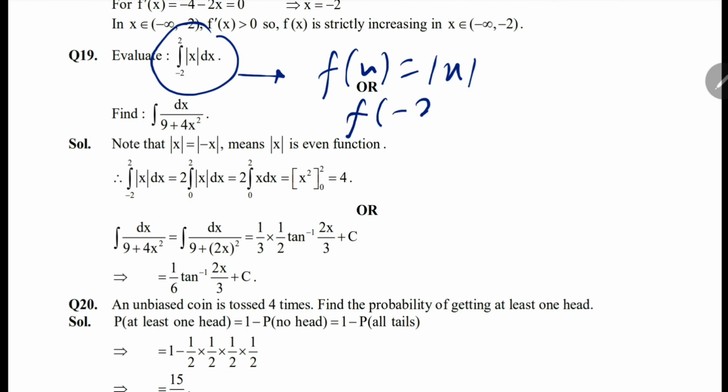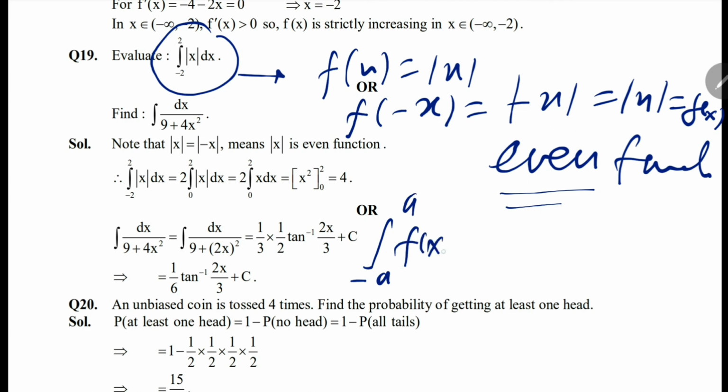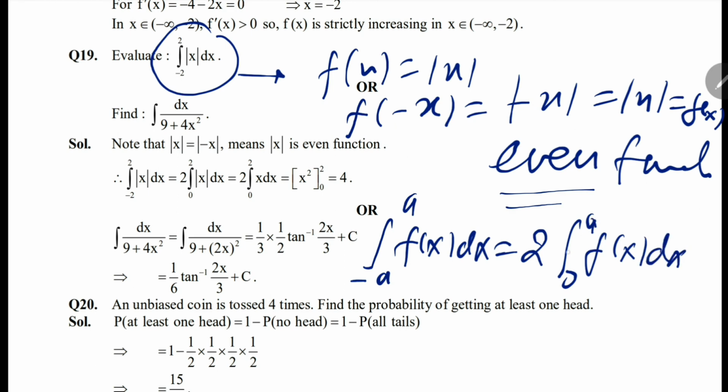So when we replace x by minus x, we get this, and that is the same function. So therefore this function is actually an even function. So if it is an even function, we will be using the property integral from minus a to a of f(x) dx equals twice integral from 0 to a of f(x) dx when the function is even.